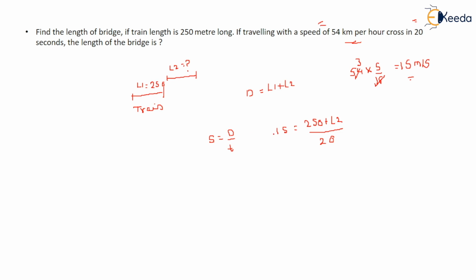So this 20 will be multiplied, right? 15 into 20 comes out to be 300. So 300 equals 250 plus L2. So this 250 will separate and we will get the length of the bridge or platform, that is 50 meters.